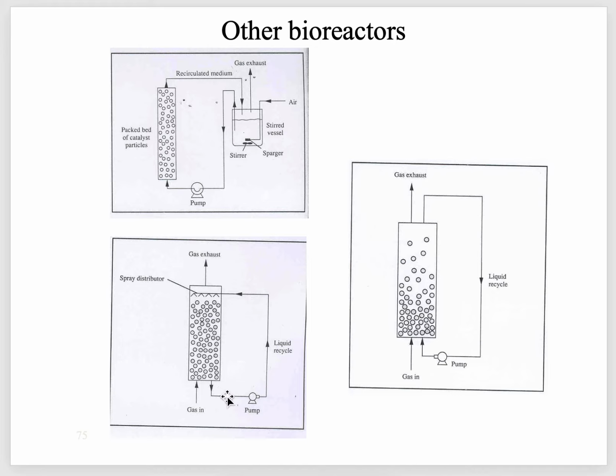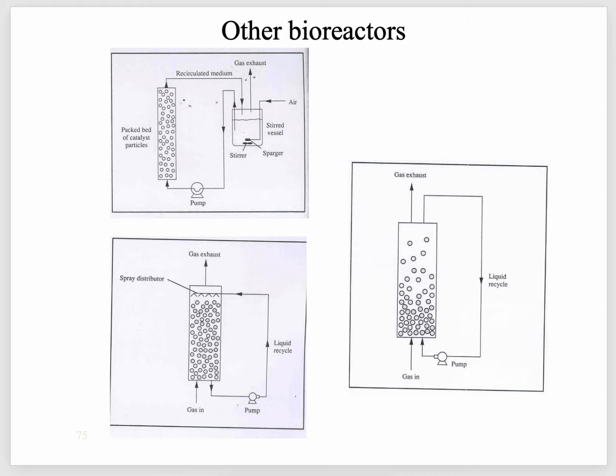That means you can again pump the same liquid into the column. And it actually has a benefit over the packed bed. In case of packed bed, we cannot directly introduce the air, pump the air into the column. But in case of trickle bed bioreactors, you can directly introduce the air into the column.